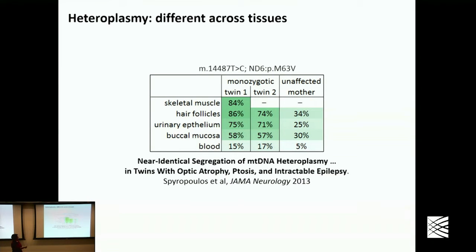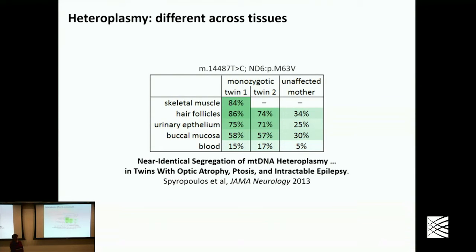The unaffected mom has this deleterious allele at different heteroplasmy levels across different tissues, 5% in the blood, 25% in the epithelium. Then they looked at the monozygotic twins. They had very similar heteroplasmies to each other in the different tissues. And this has now been replicated in another study with another set of monozygotic twins with a different mutation.